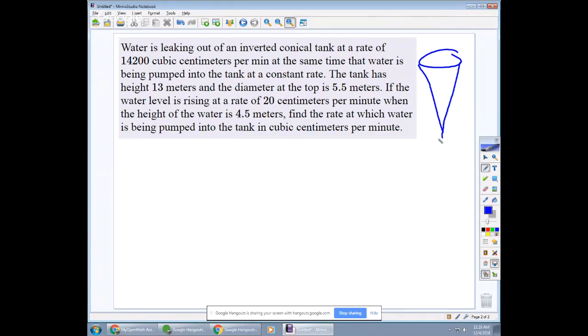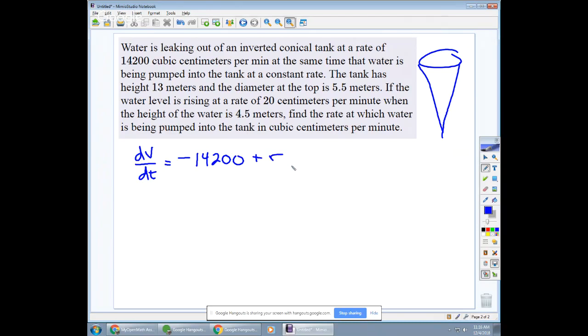Okay, so we have water leaking out and water being pumped in. For the change in volume over time, we've got a minus 14200, and then we're pumping water in at some rate.